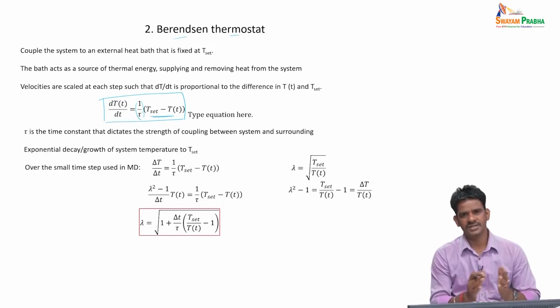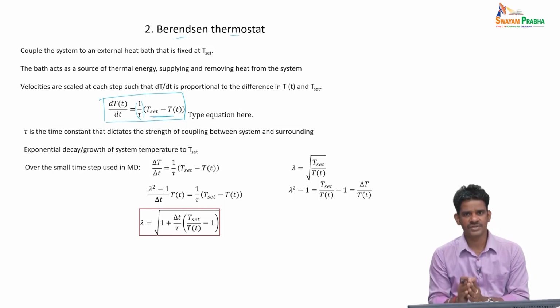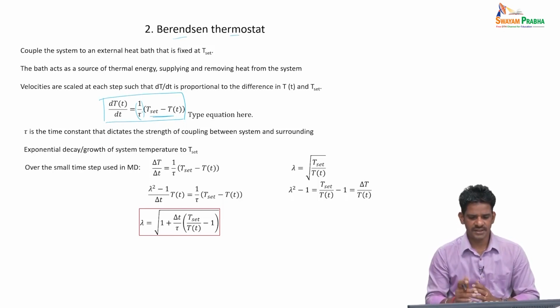So in this construction, we think of the system as coupled with an external bath or surrounding, which is maintained at the desired temperature, and this bath acts as a source of heat or thermal energy, so that it can supply or remove heat from the system.